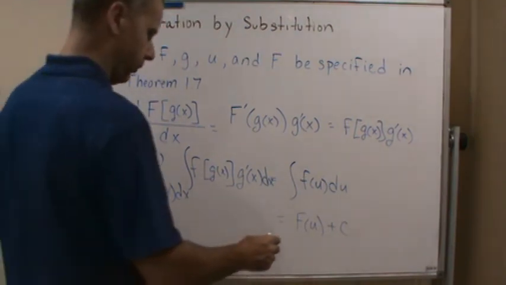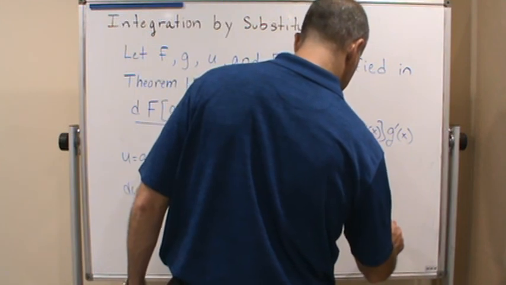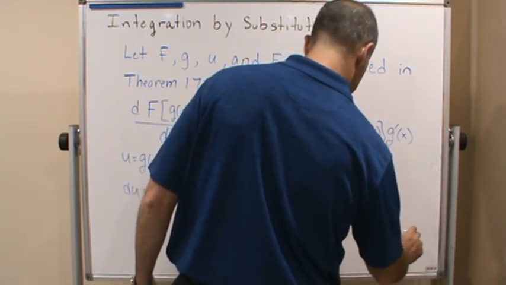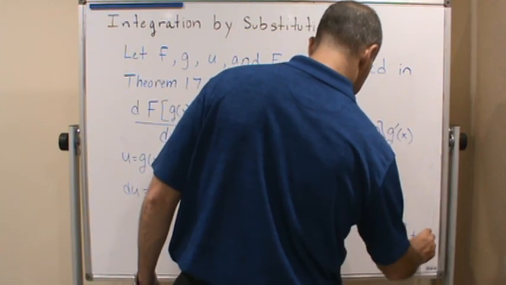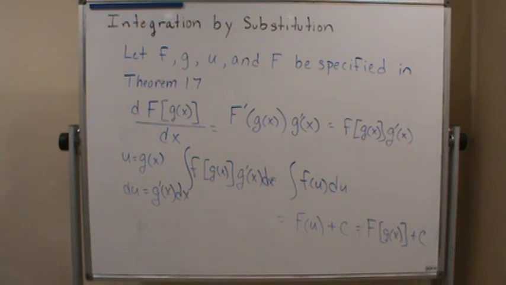And then of course if we substitute back in, it's F of g of x plus c, which is what we had before.